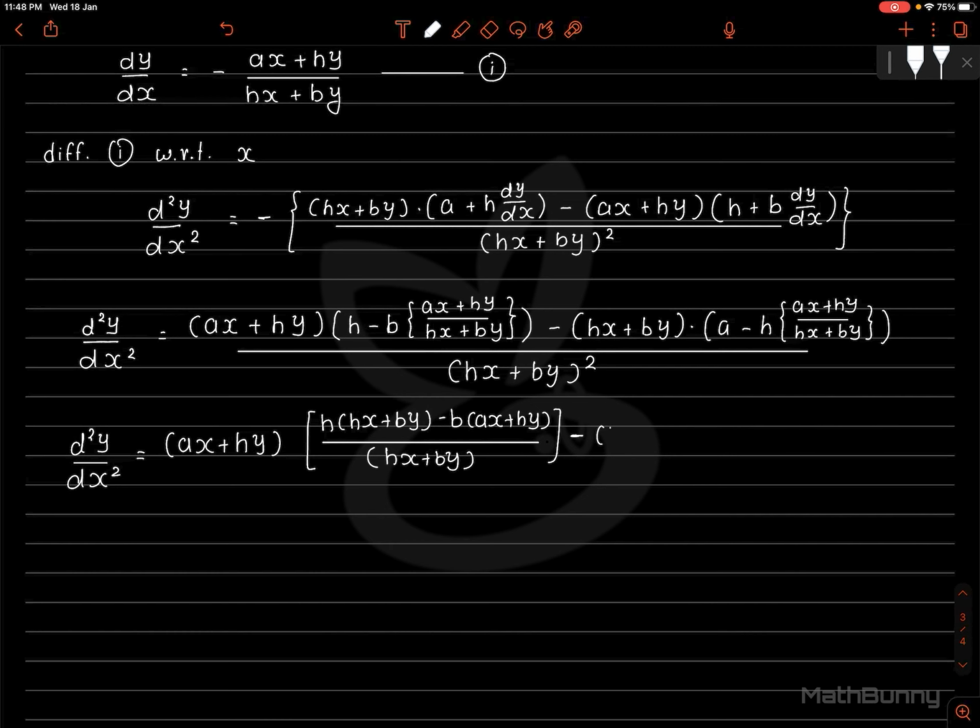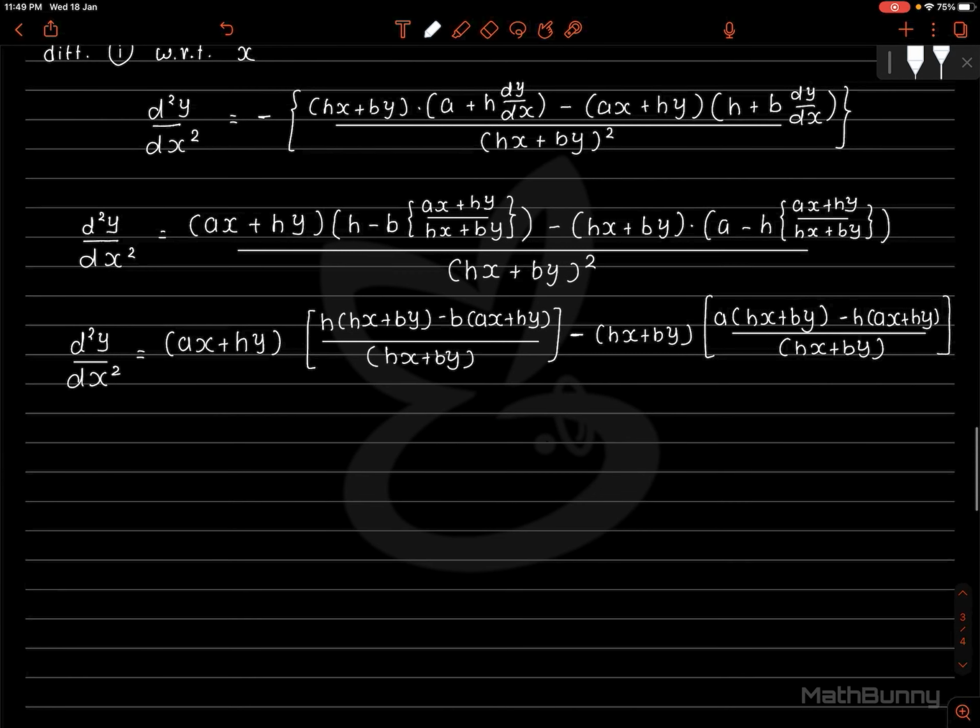minus (hx plus by) into (a into (hx plus by) minus h into (ax plus hy)), and in the denominator (hx plus by), and the whole thing also has (hx plus by) square as denominator.